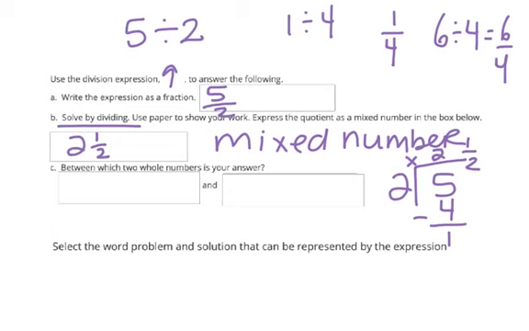Between which 2 whole numbers is your answer? So 2 1/2 is between 2 and 3, and it's between 3 and 2. So going up and going down. Okay?